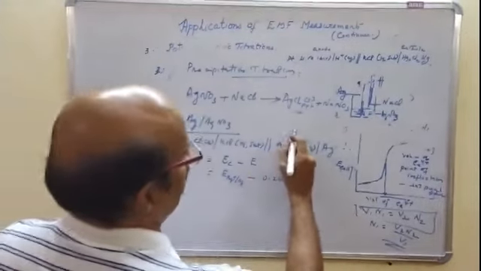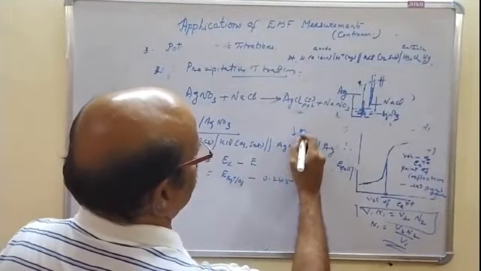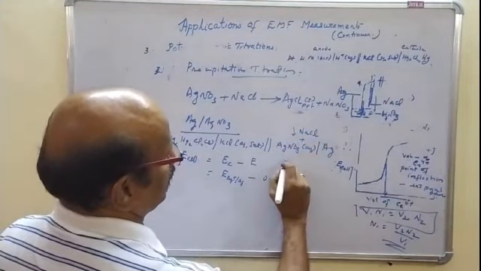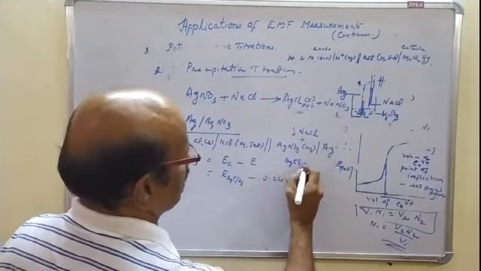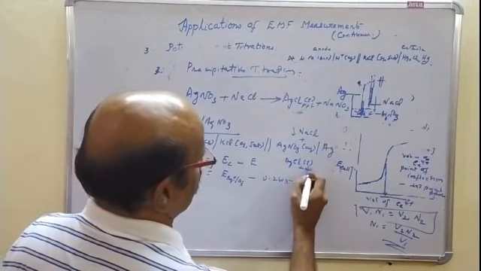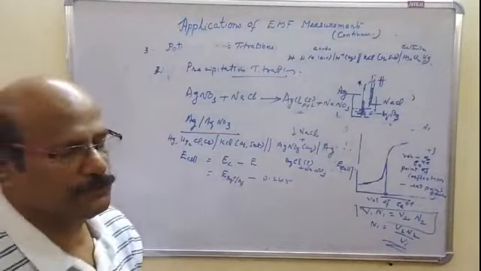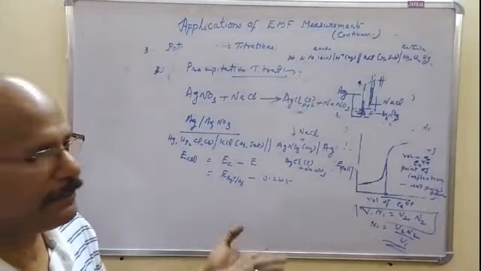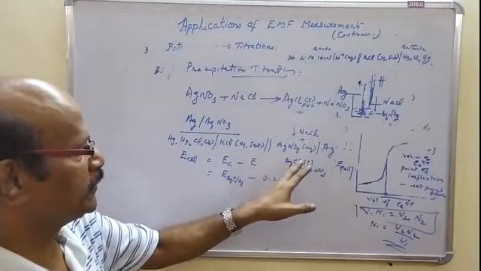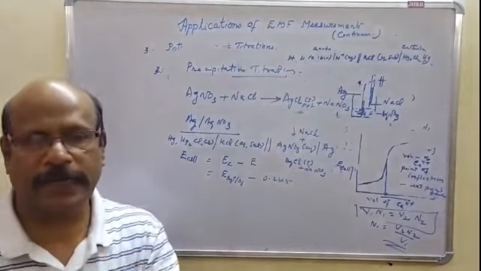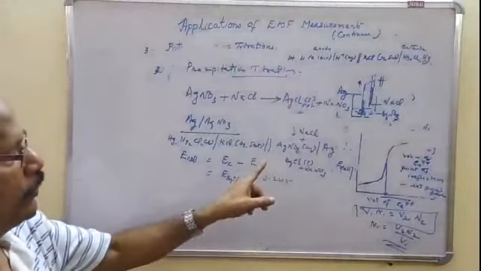When NaCl is added, AgNO3 gets precipitated as AgCl solid plus NaNO3.